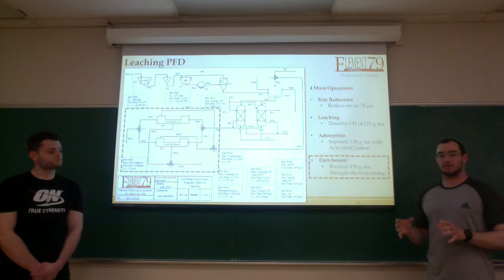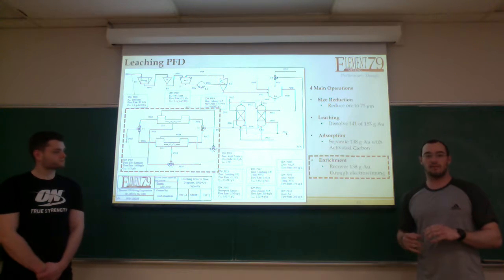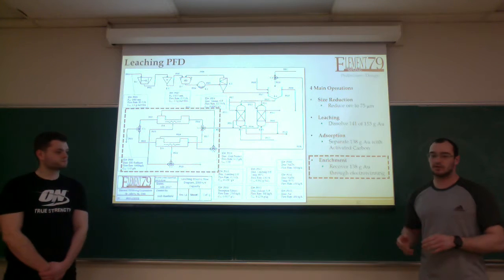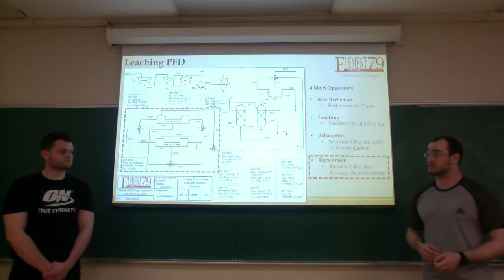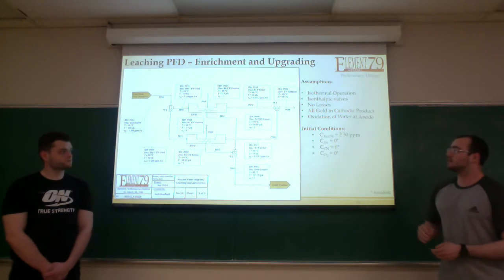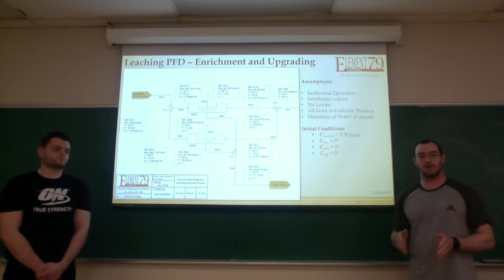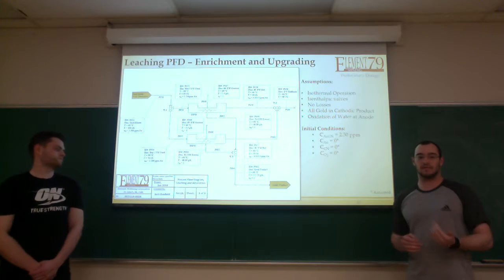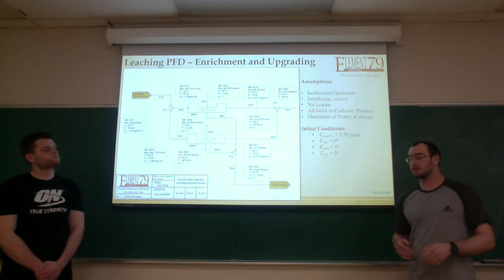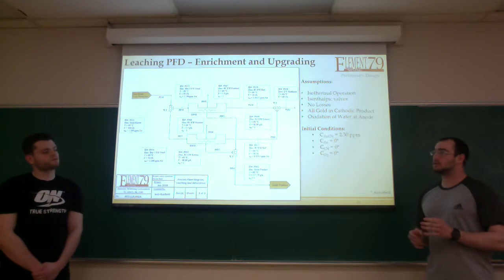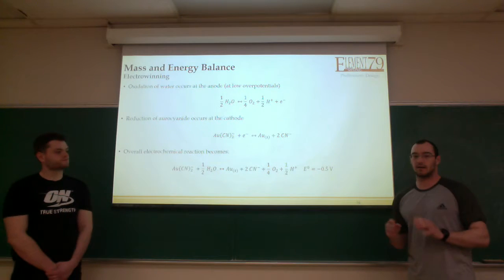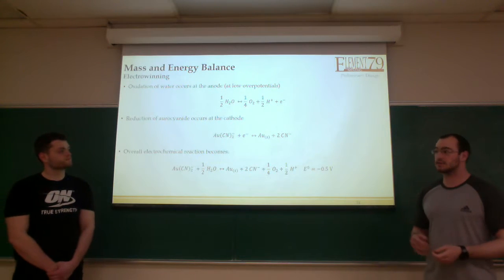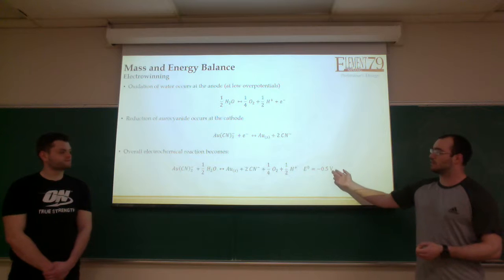Once that is completed and we have desorbed the gold off of the fixed bed, we then have to electrowin the gold ions out of solution into a solid gold product for sale. So we have 2 electrowinning bays that run in parallel, so the flow from the desorption step is split in half. If you go to the next slide, it uses 2 chemical reactions, a redox reaction, oxidation and reduction, as shown right here.